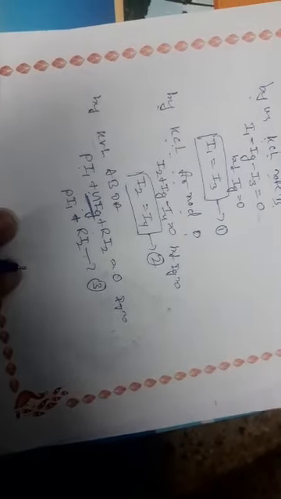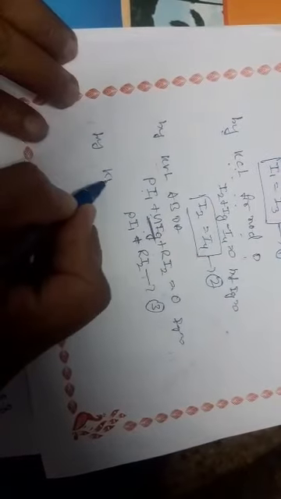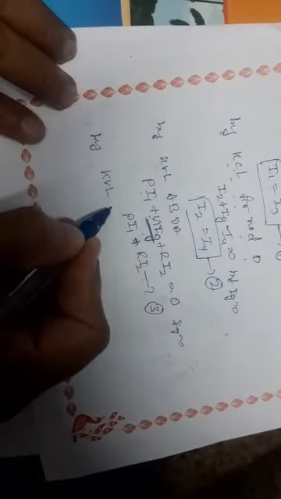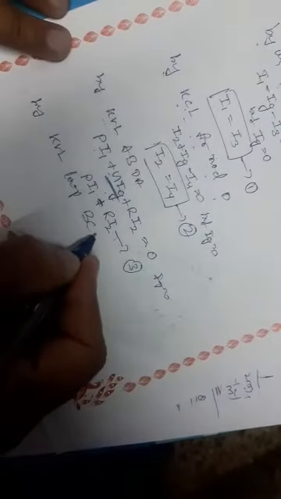Then, similarly, using the Kirchhoff voltage law for the last loop, BCDB. This is one more loop.